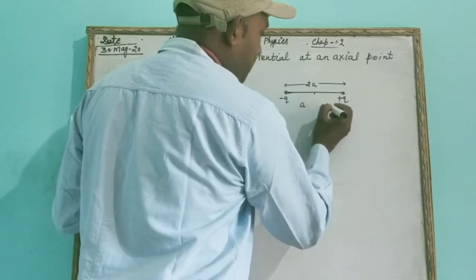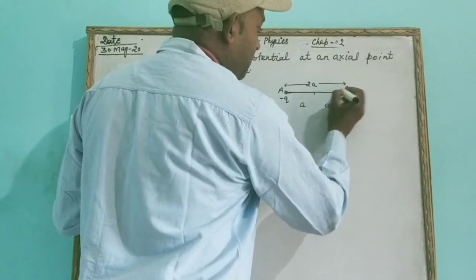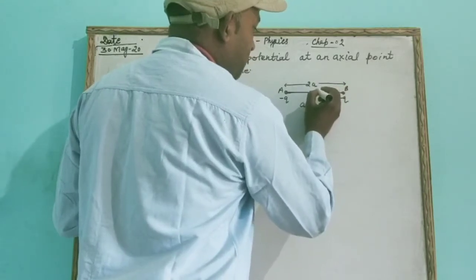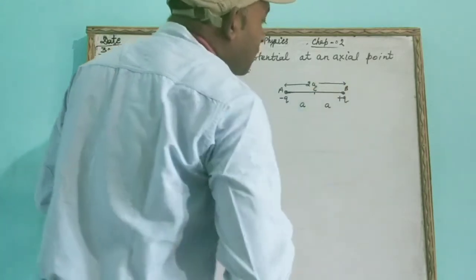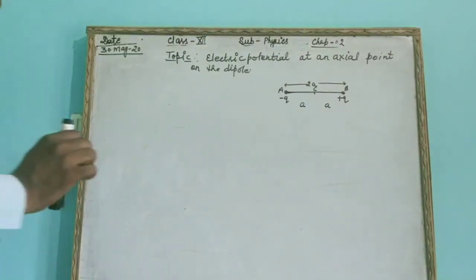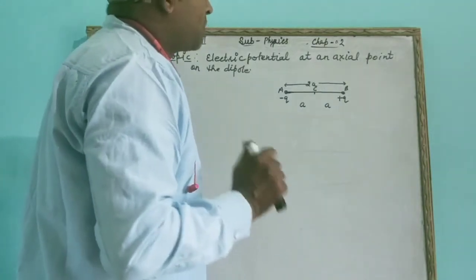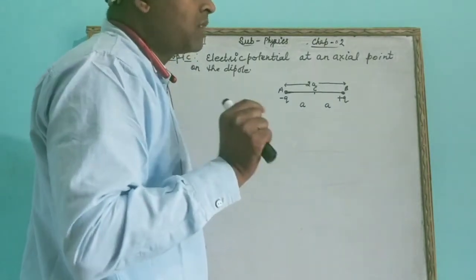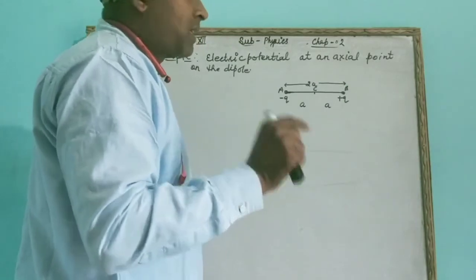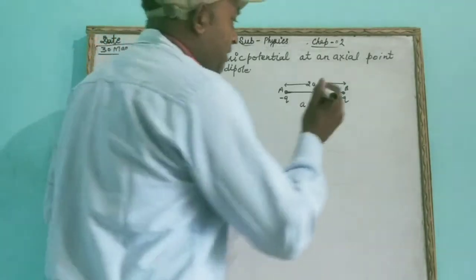Let the points be A and B, and C. So we have to calculate the electric potential at an axial point. The meaning of the axial point is the point where the axis lies, may be the y-axis, may be the x-axis.